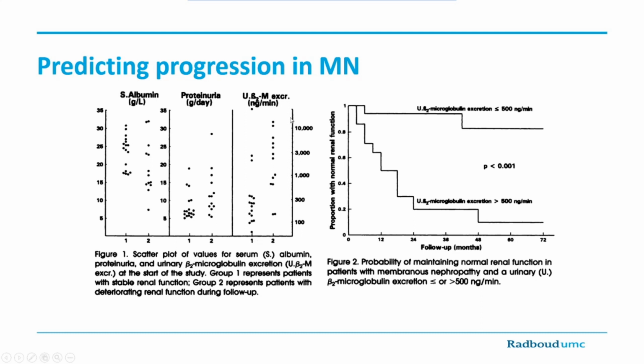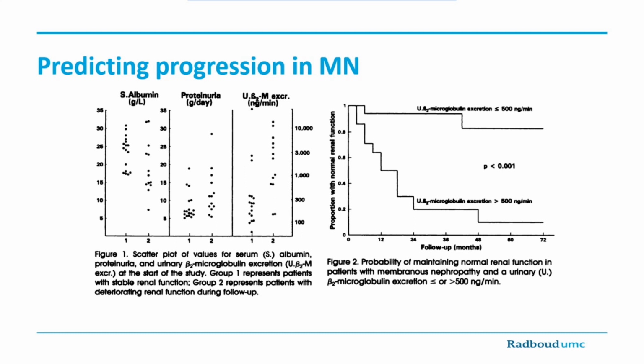However, if we look at beta-2 microglobulin excretion, the people who show progressive kidney function loss appear to have much higher concentrations of beta-2 microglobulin excretion. And this, mind you, is a log scale for beta-2. So they have much higher concentrations compared to the people who go into spontaneous remission. So aha, this might be the biomarker we're looking for.